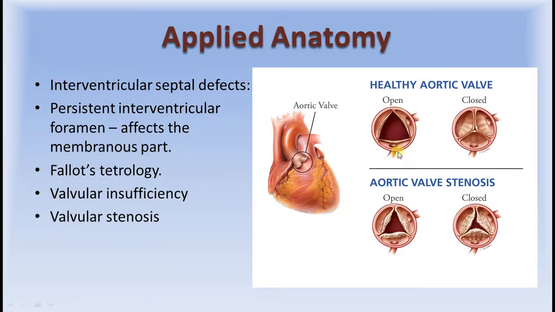intervention is definitely necessary. Valvular stenosis is when the valves are not functioning, so they might not open. Mitral valve stenosis or aortic valve stenosis. In mitral valve stenosis, naturally the left atrium will get dilated or bulged.